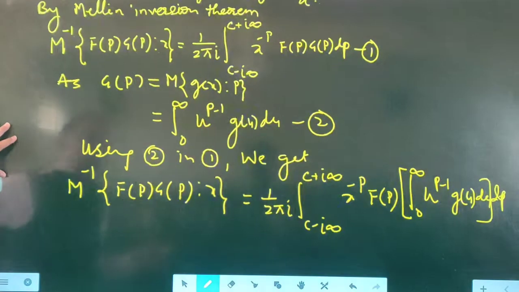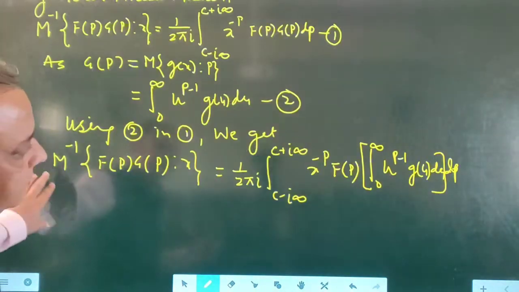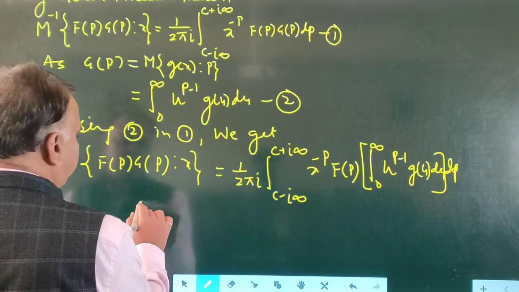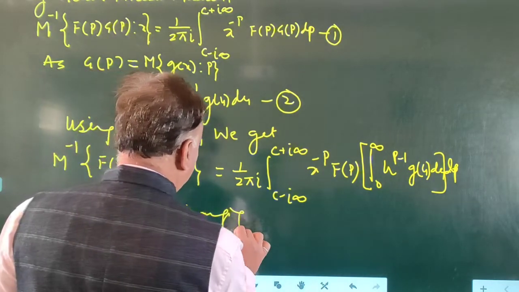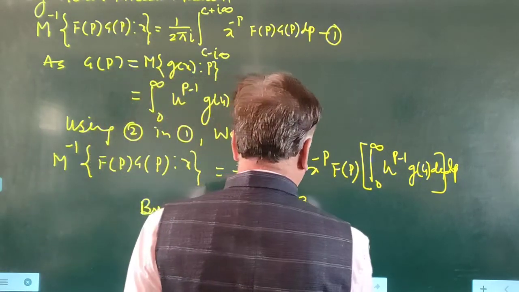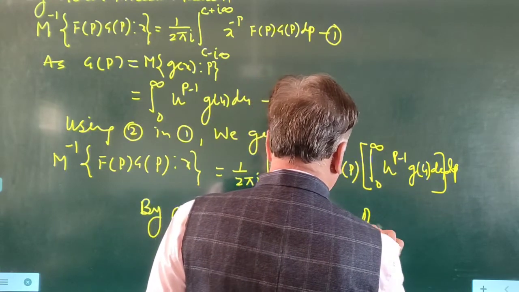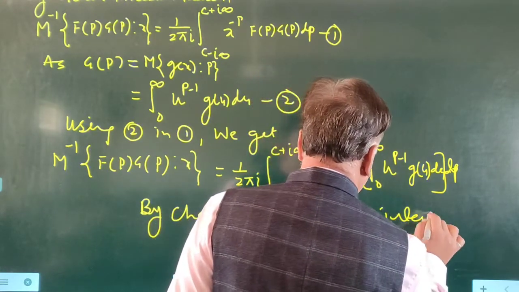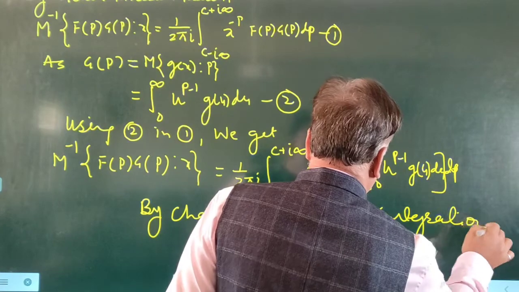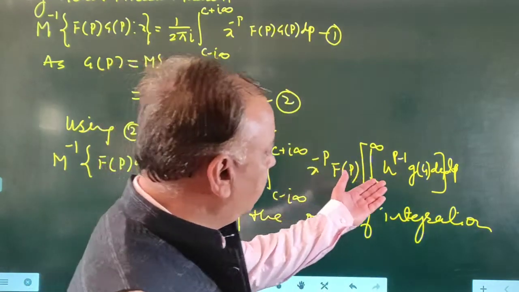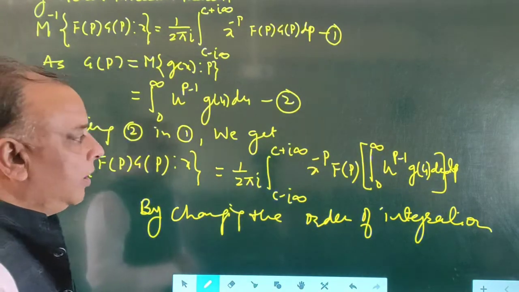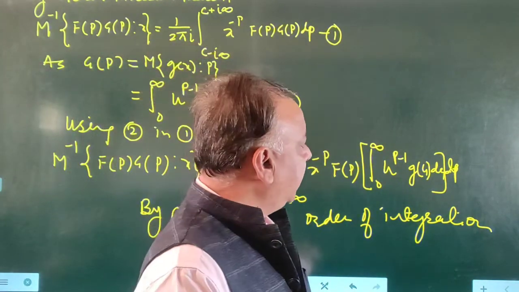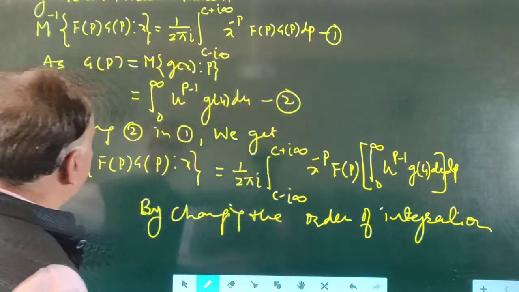Or we can write it by changing the order of integration. Here first we have to integrate with respect to u and then with respect to p. Now first we integrate with respect to p and then with respect to u.